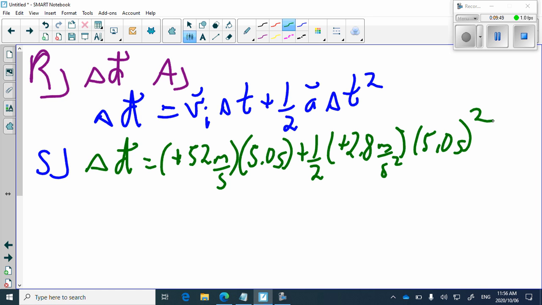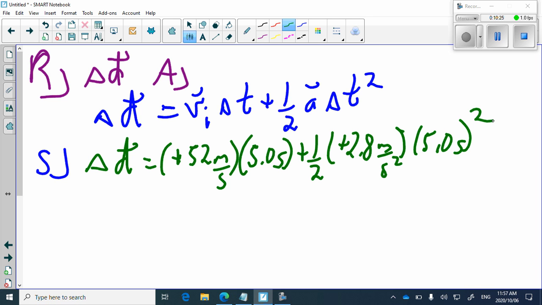So now we get our handy dandy, fancy dancy, supercalifragilisticexpialidocious calculator out, and we do our work. For those of you at home, please be patient. 295 positive.